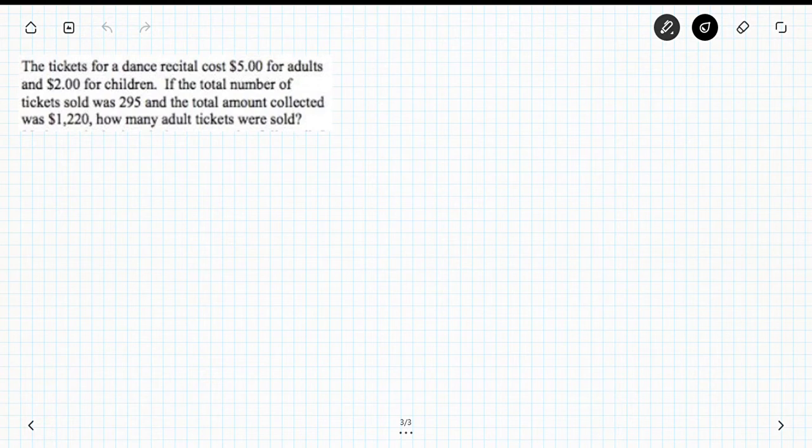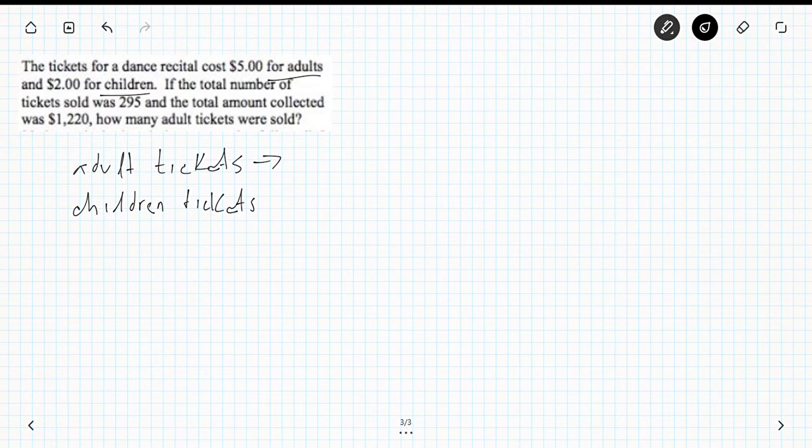I have two types of tickets. I have adult tickets and children tickets. So I'm going to write adult tickets and children tickets, and I'm going to abbreviate this with A and this with C.